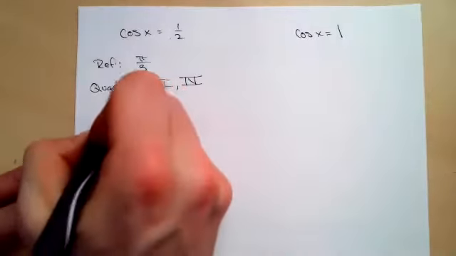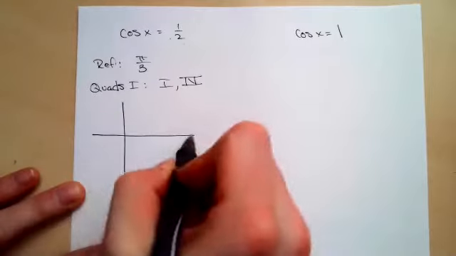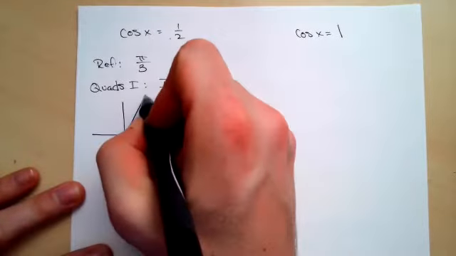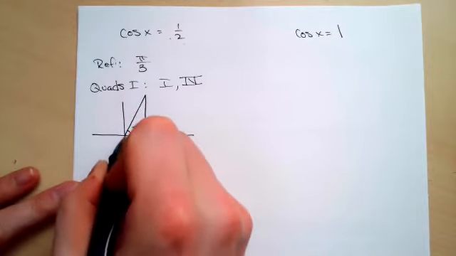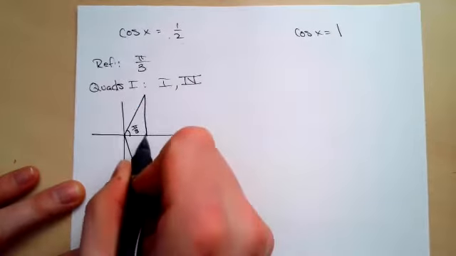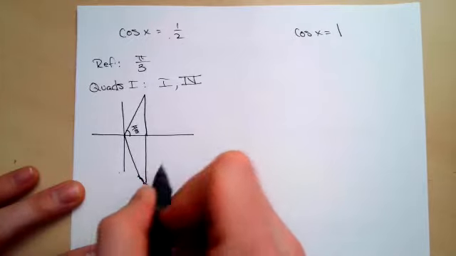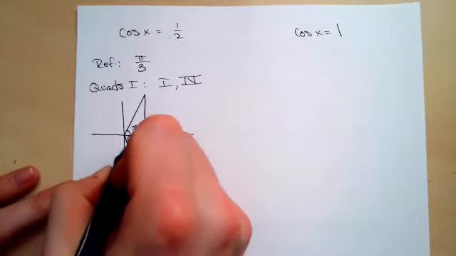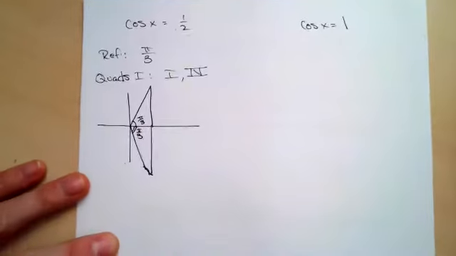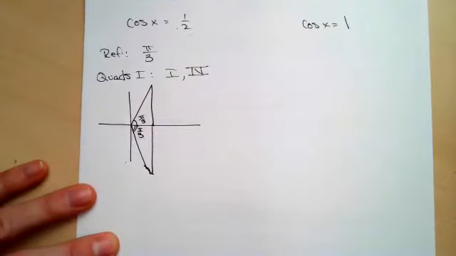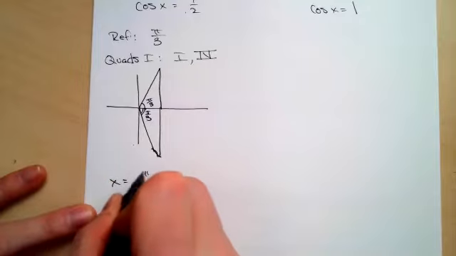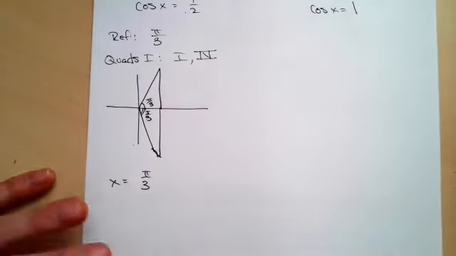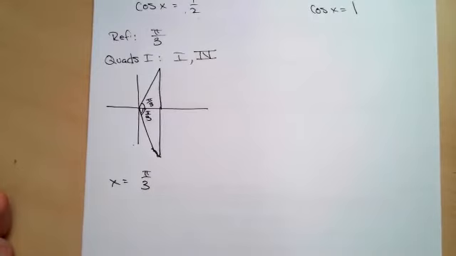And so we are looking for an angle here and an angle here. So what are we going to get? We're going to get x is equal to, first one's easy, pi over 3 has the same angle as the reference angle in quadrant 1.